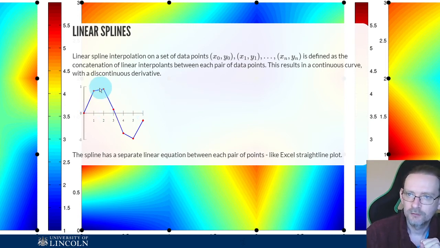If you go for a quadratic term, you can get them to join up and get the derivative to be continuous. And this is how Excel, for instance, draws the smooth line between points. Or if you have it directly through, it actually does this.